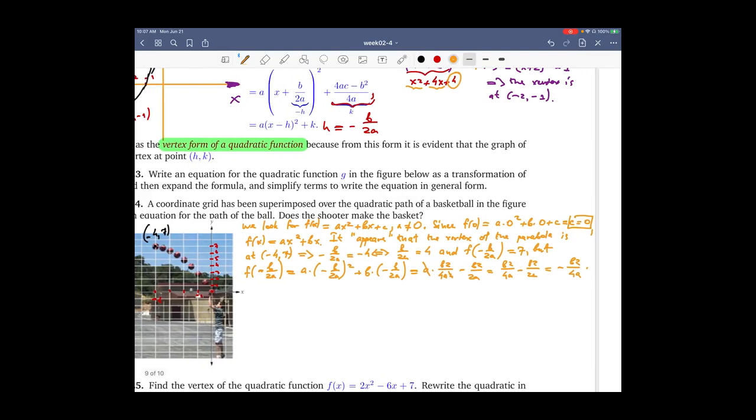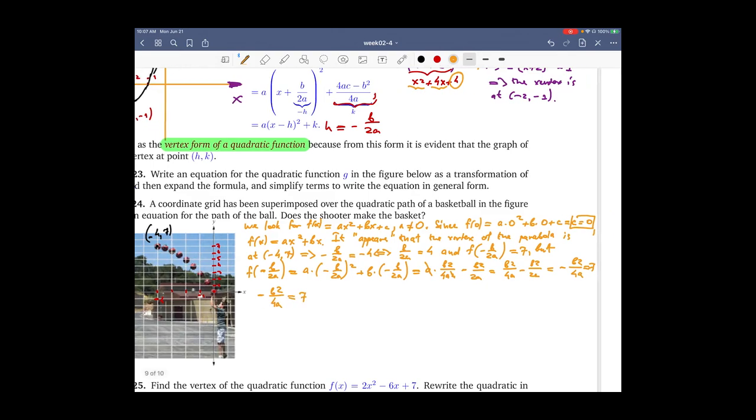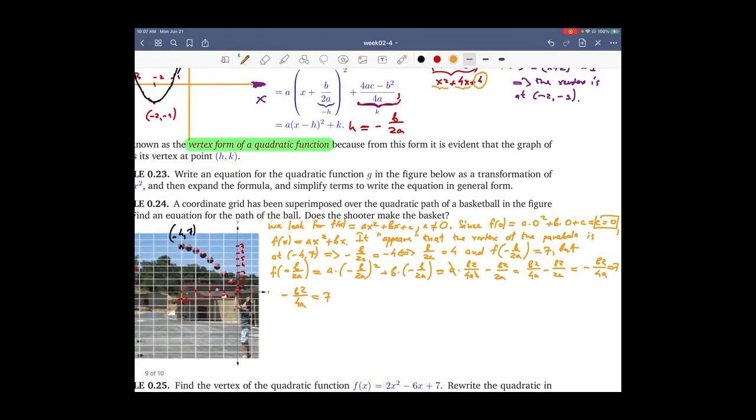And that needs to be 7. So now we have two simple conditions which we will consider as a system. On the one hand, −b²/4a is 7.